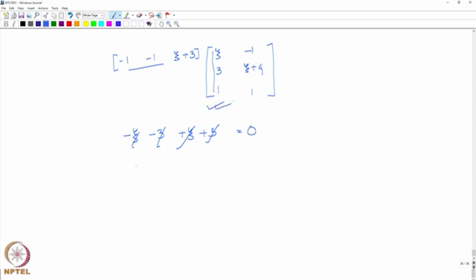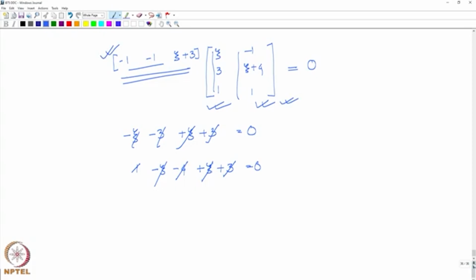The second one is plus 1 minus xi minus 4 plus xi plus 3. Xi will go away, 1 plus 3 is 4, minus 4, this also is 0. So the second equation also checks out. So this indeed is equal to 0 and this has no common factors. Therefore every other row vector of size 3 that kills this matrix must be a multiple of this. So this is my maximal left annihilator.